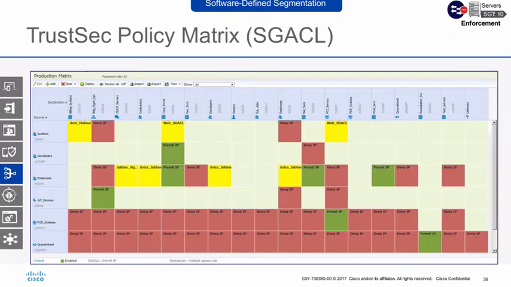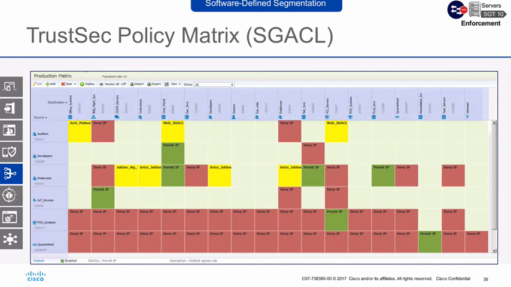So I've talked about the TrustSec policy matrix, and I've talked about different source and different destination types. If we look at what the TrustSec policy matrix does, on the left we've got our source tags, right? We've got our source groups, and these can be different tag numbers, 3, 4, 5, 6, all the way up to a huge number of different tags. This is our source. And then at the top row is our destination.